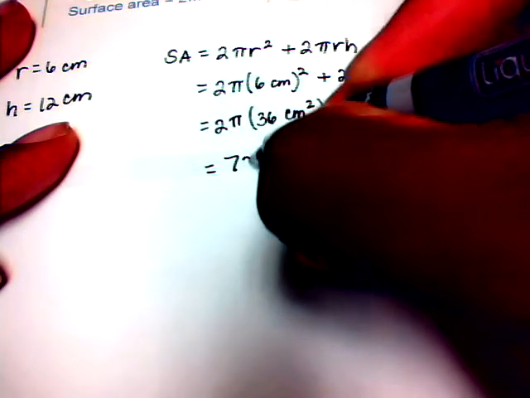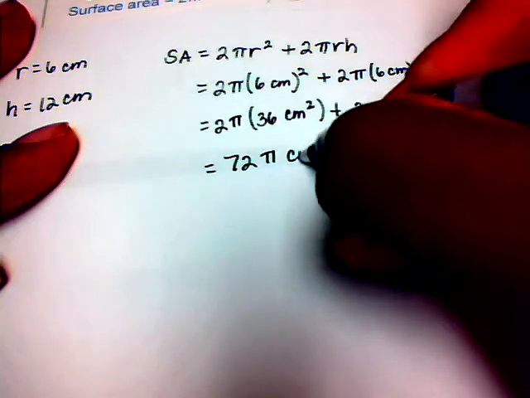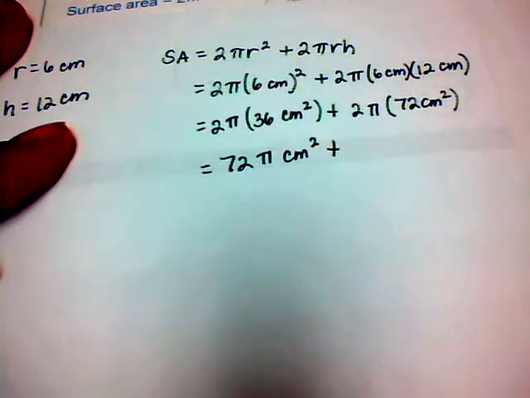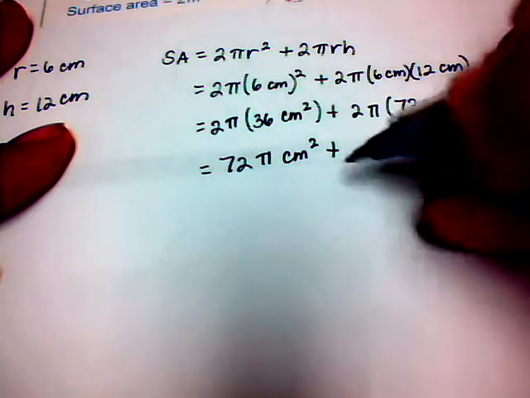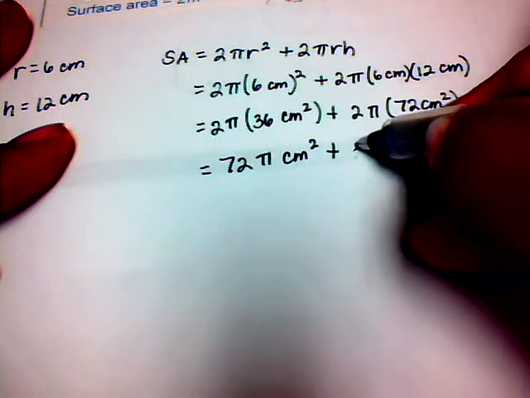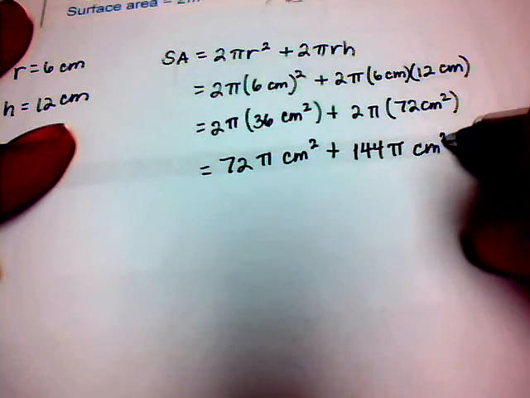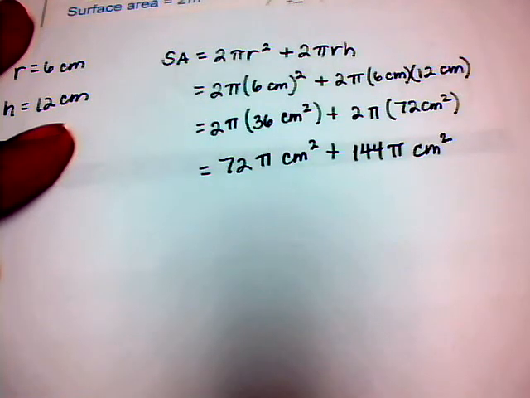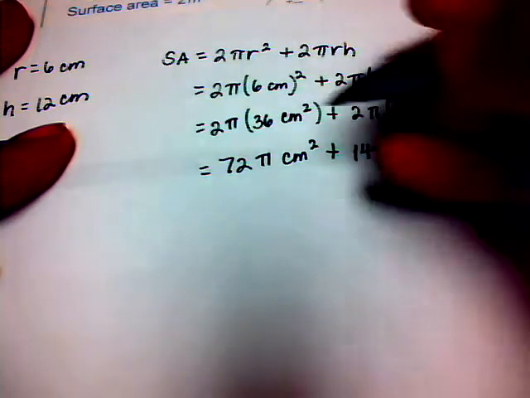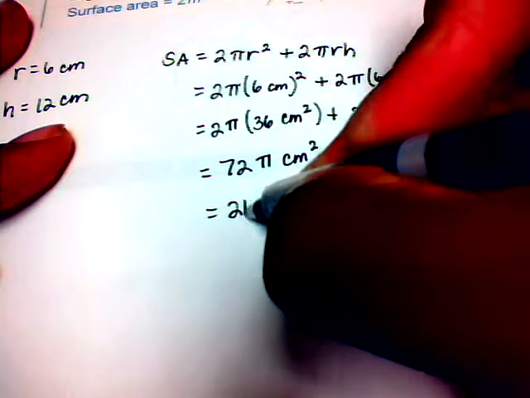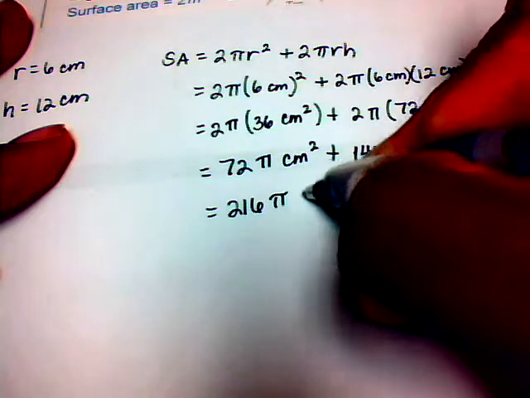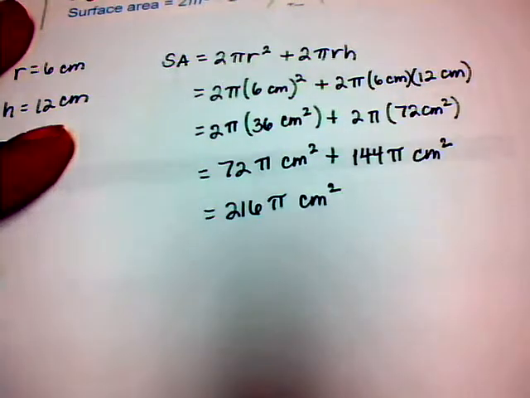Now 2 pi times 36, that's 72 pi centimeters squared, plus 2 pi times 72, that's 144 pi, and that's square centimeters. Now add 144 pi to 72 pi, you're going to get 216 pi. And this is in square centimeters.